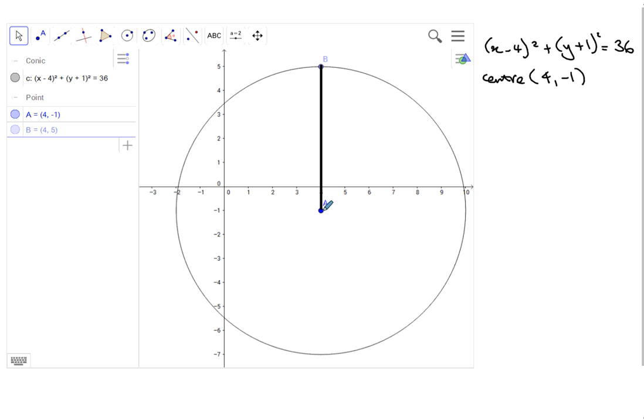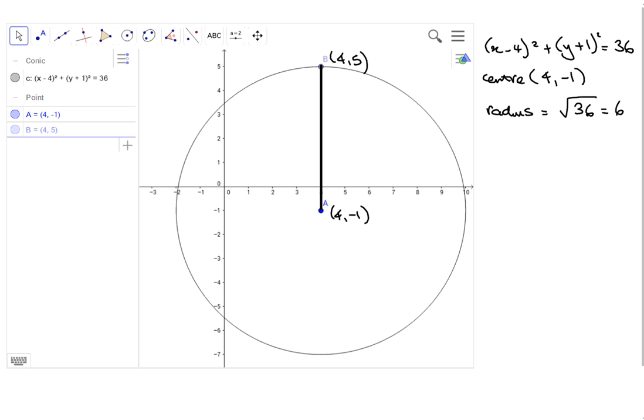And you can see that's the point (4, minus 1). And then the radius will be the square root of 36, which is 6. You can tell the difference between the (4, minus 1) and this point on the circumference, (4, 5). The difference between minus 1 and 5 is 6. So you can see the radius is 6. At its simplest, it's really simple.